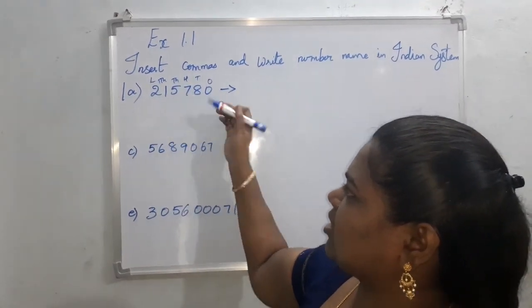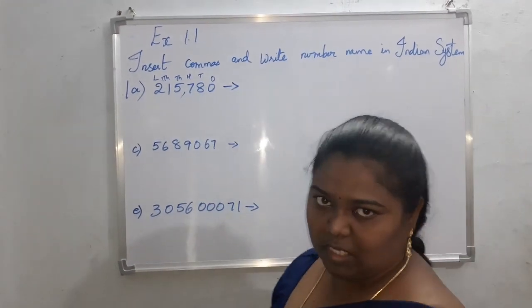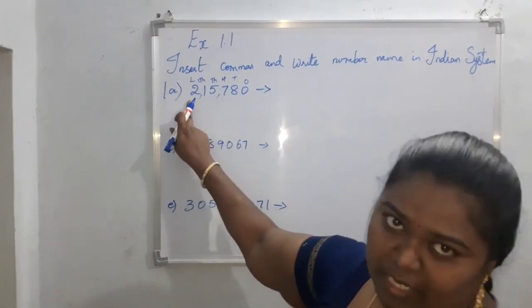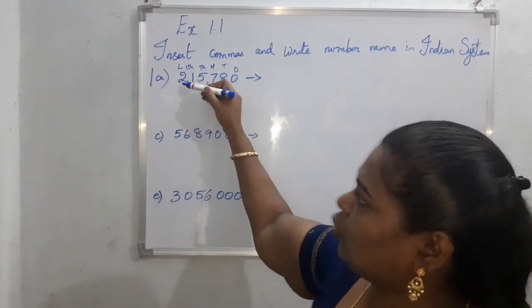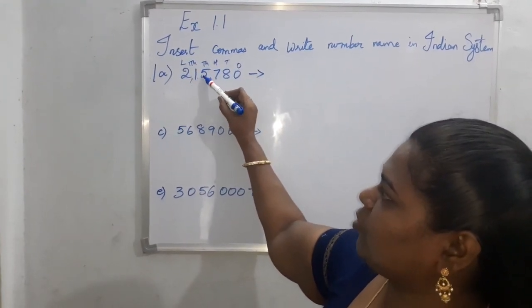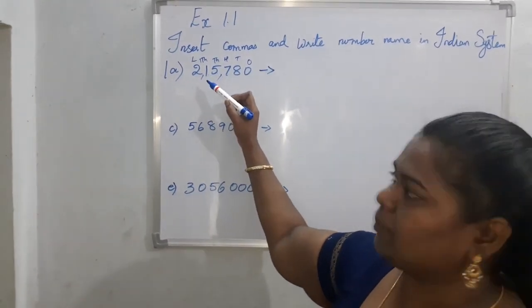After 3 digits, that is from the last digit, ones, tens, hundreds, put a comma. 1,000 and 10,000 is one set, then comes your lakhs. So this is 2 lakh, 2 is in the lakhs place. 15, you have to read together till the comma, means from this comma to this comma is a single number, that is 15.